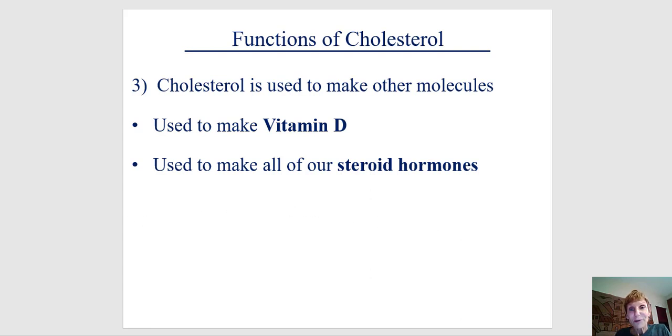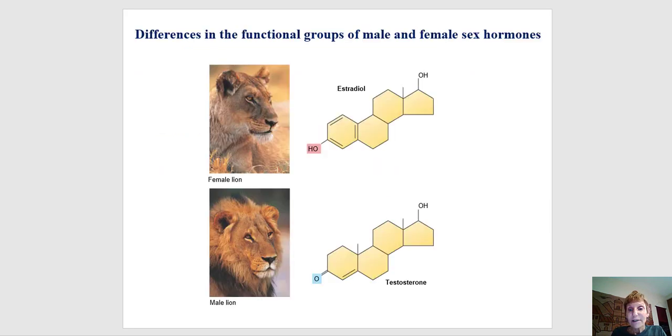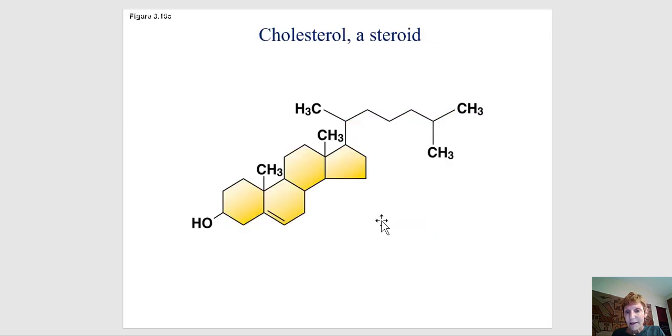And so those reproductive hormones, also known as the sex hormones, estrogen or estradiol and testosterone, remember they look a little bit like cholesterol. They are the same ring-like structure, and they are made from cholesterol. And so here is estradiol, here is testosterone, and it looks very similar to that cholesterol that I showed you before, like that.